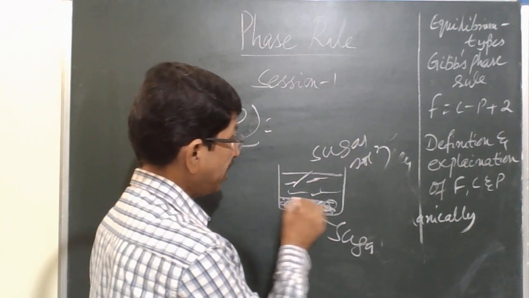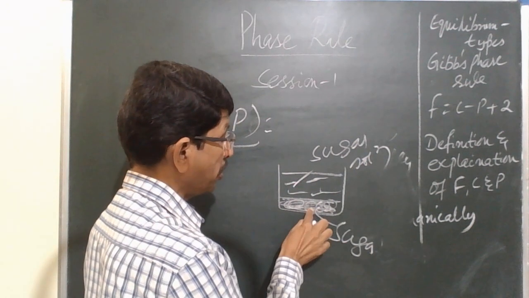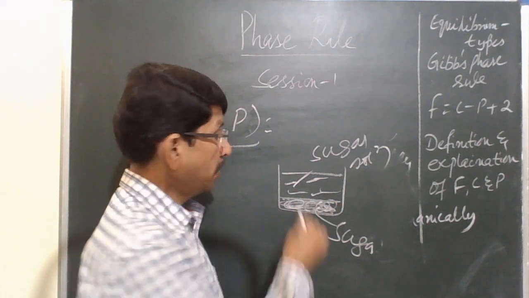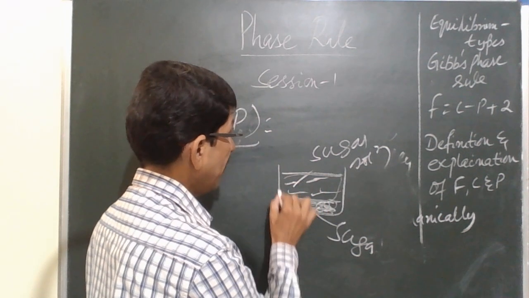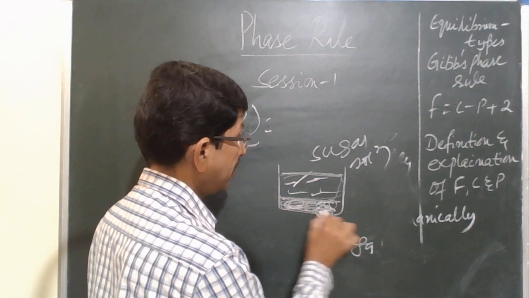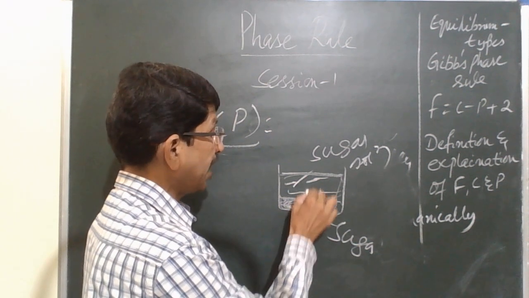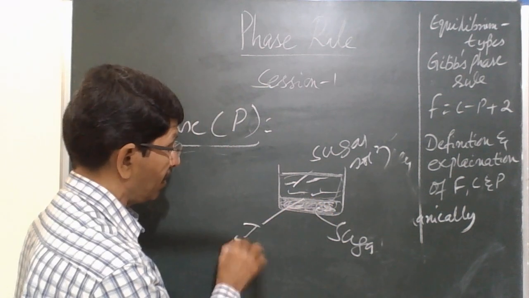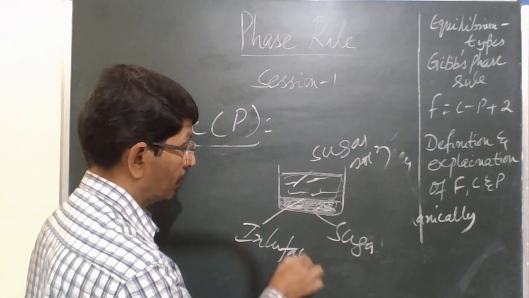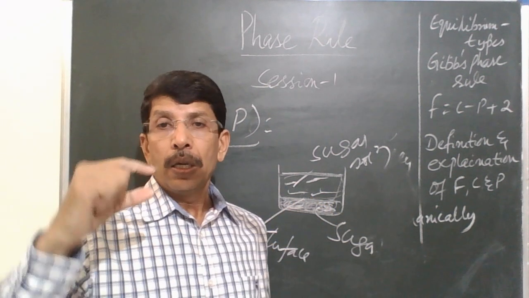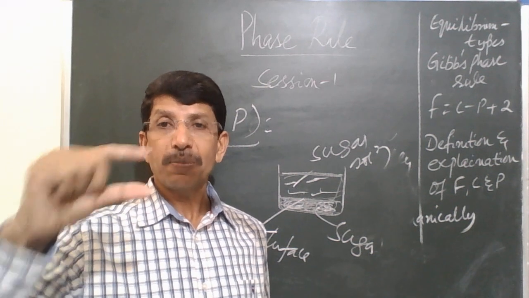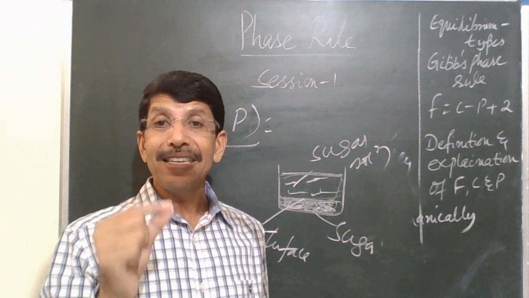So there is a boundary of separation between this solid sugar and solution. So this is one phase having this boundary, and this is the solid phase having another boundary. And the boundary of contact between two phases is called the interface.